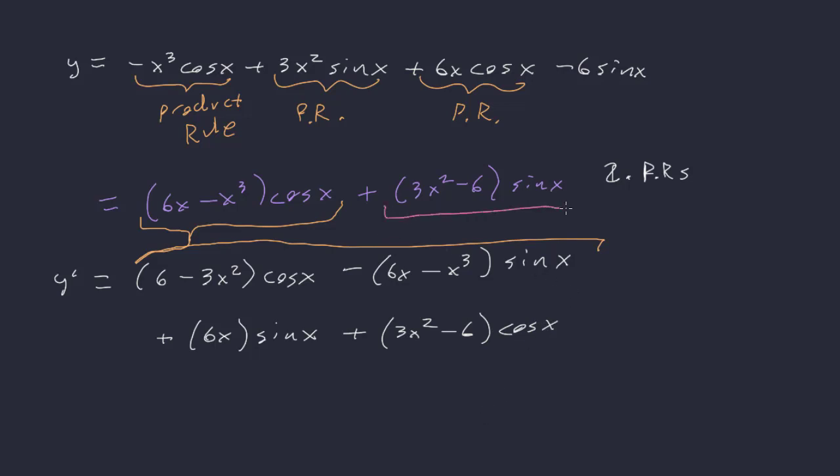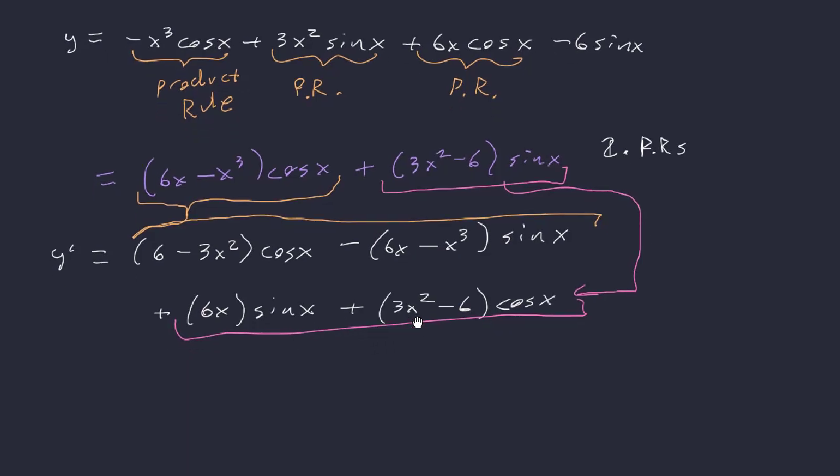All right, and so here is the derivative of the second term. So notice we still did it term by term, we just had product rules within a sum rule. Okay, you're going to see things like that. That's just par for the course, unfortunately.